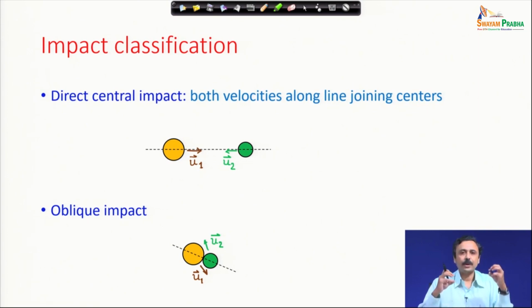Oblique means the particles might be moving in different velocity directions, suddenly there is impact and then there is separation. At the point of impact, the velocity directions will not be along the line joining the two particles. So, direct central impact is when the velocities at the point of impact are along the line joining the two particles, and oblique impact is when they are not.